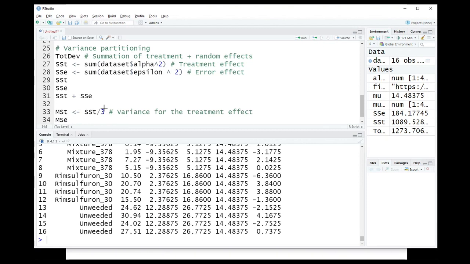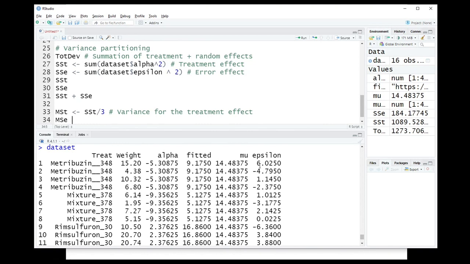But we got 4 treatments here, and please consider that epsilon was calculated by subtracting from the observed data the mean for each treatment. But the mean for each treatment is the same for the 4 characters, so we got 4 means only. You have to think about this.